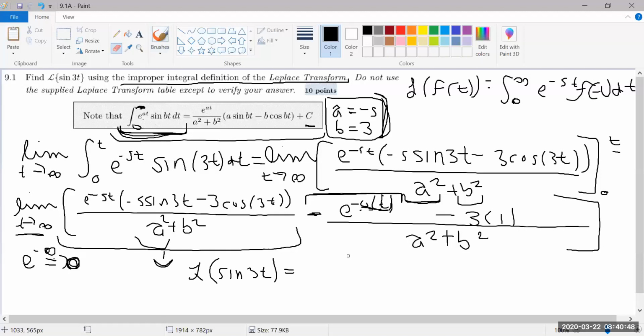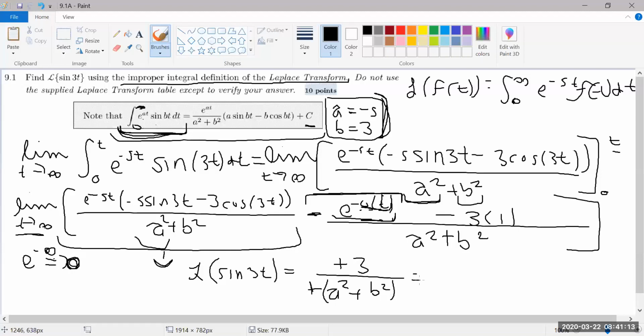It also goes to 1. So all that's going to happen on our bottom is we're going to get a negative a squared plus b squared. Don't forget your parentheses. And then we're going to have a negative 3 on the top. So our negatives go away.